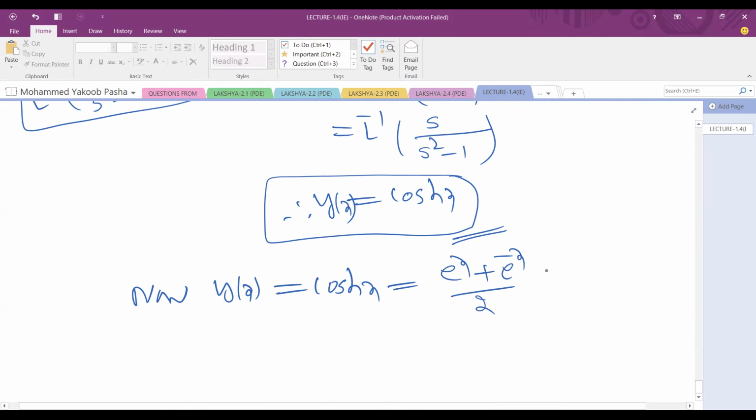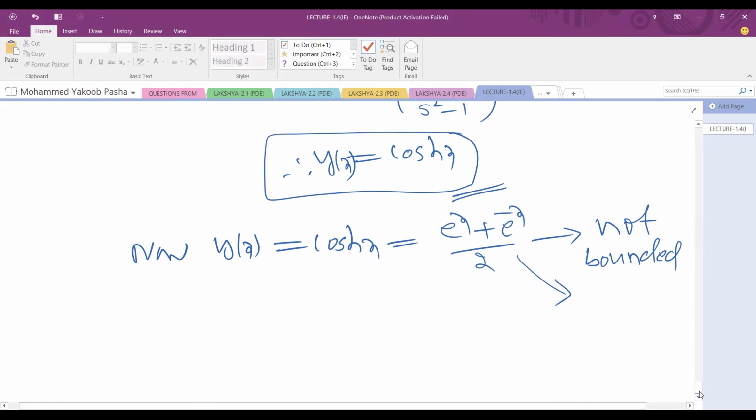Is it bounded? Yes or no? No, it is not bounded. Exponential function is not bounded. Now, is it periodic?